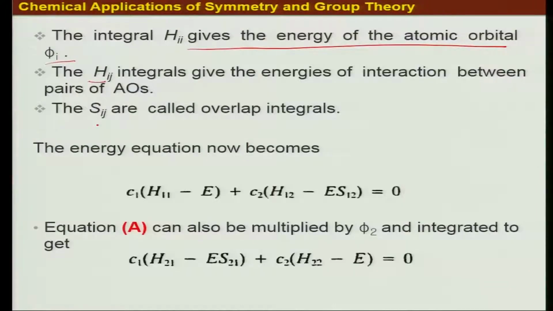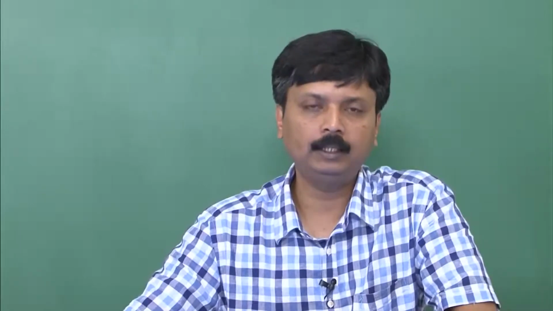And as I said, Sij is called the overlap integral. So how much the two orbitals overlap is given by this Sij integral.